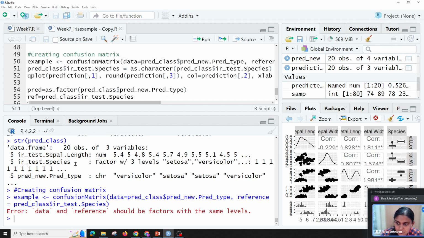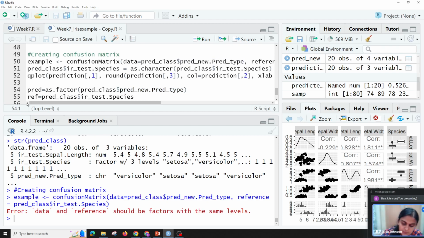Already species is a character, so I'm changing the other one also so it's a factor. Sorry, ir_species is a factor, so I'll change the other one also to a factor. So pred_new.pred type, I am converting it to a factor.